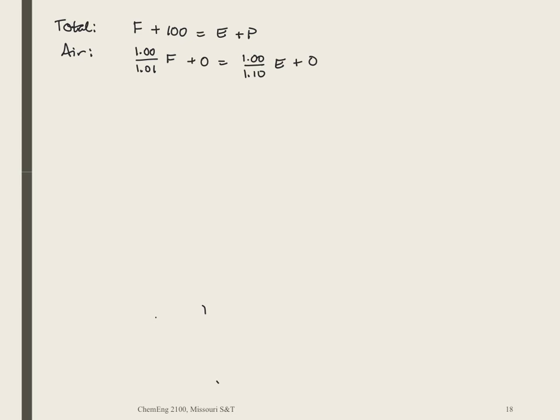If I look at the water, 0.01 over 1.01 times F plus 0.15 times 100 is equal to 0.10 over 1.10 times E plus 0.07 times product.